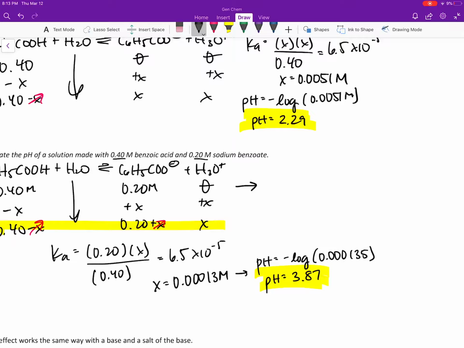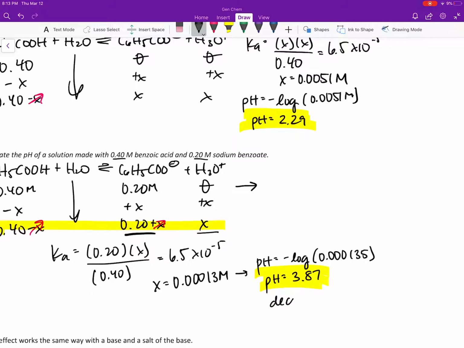Okay, and so the reason why the pH is higher, so more basic than before, is because we're starting off with a certain amount of the benzoate ion, so the reaction is not going to lean as far to the right, meaning it's not going to produce as much hydronium, meaning the pH is not going to be as acidic.